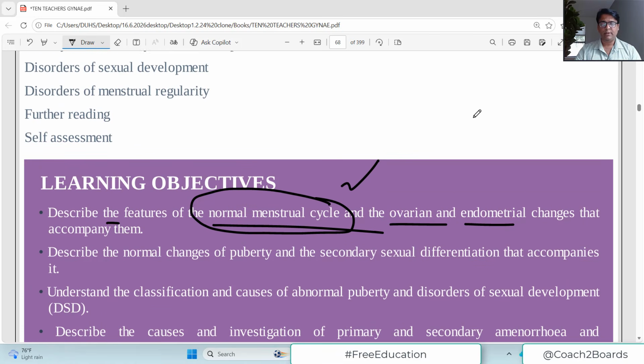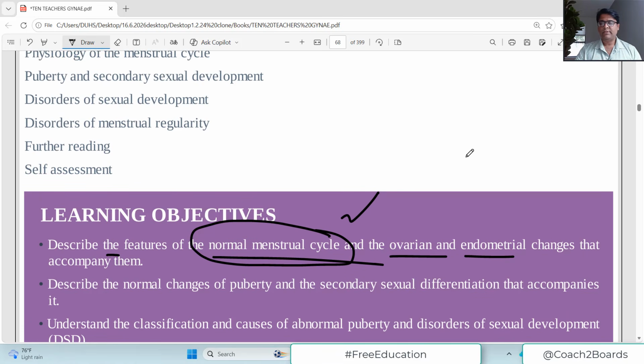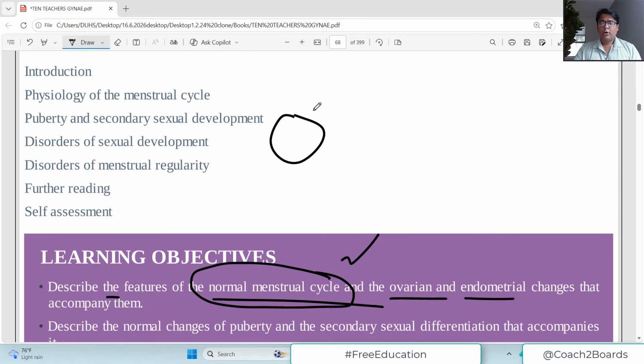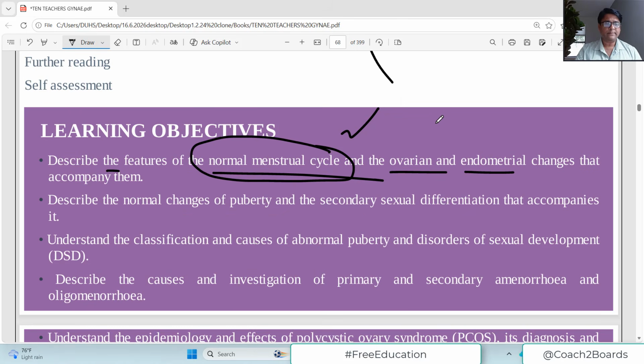Because जब ये cycle पूरा अभी हम discuss करेंगे तो how it basically works is कि ओवरी और यूट्रस में दोनों तरफ changes हो रही होती हैं throughout the menstrual cycle. So what's happening in the ovary is the topic of discussion and what's happening in the uterus is also the topic of discussion. Okay, then describe the normal changes which occur during puberty and at the age of adolescence, puberty, and secondary sexual characteristic differentiation.